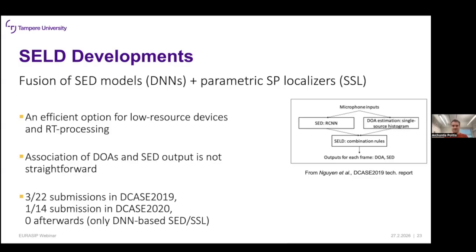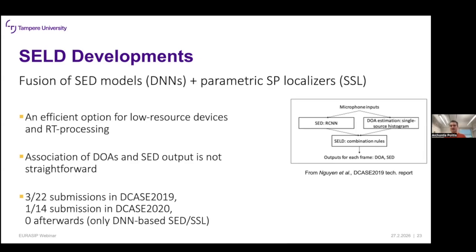But going through the development of SELD, at least through the DCASE Challenge, in the beginning we saw more submissions that were trying to fuse sound event detection models with traditional signal processing or parametric localization methods, which I think is generally a very reasonable, very good idea, especially an efficient option for low-resource and edge devices and real-time processing.